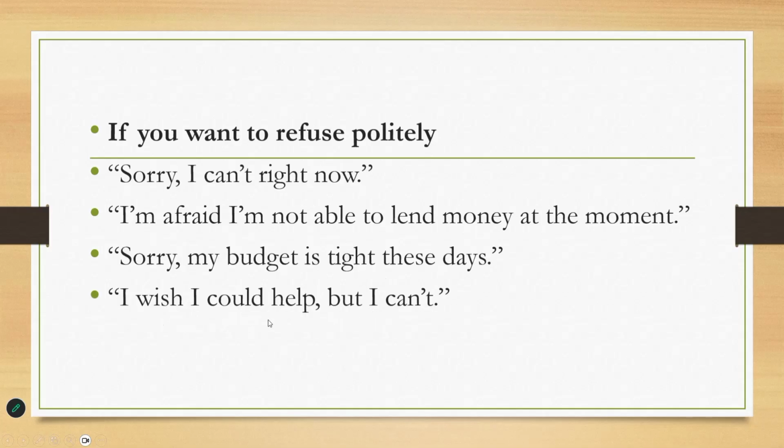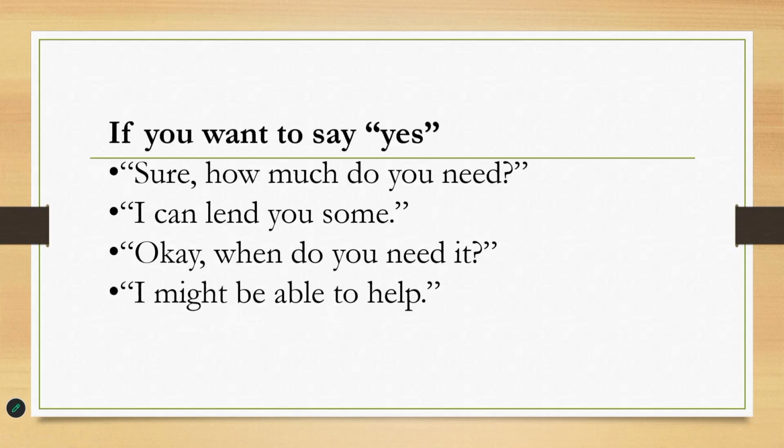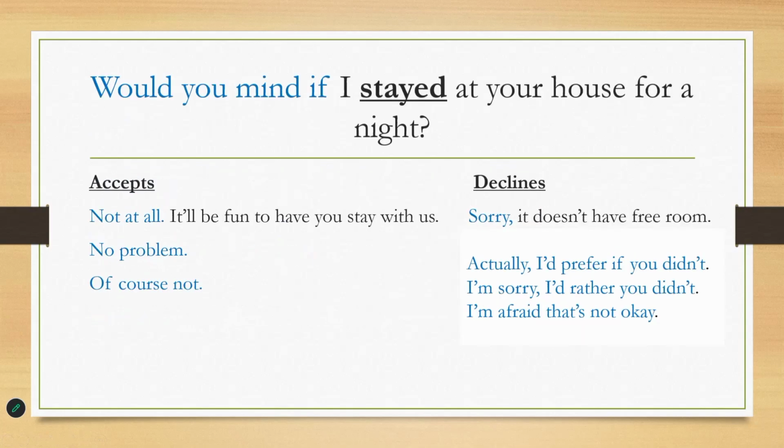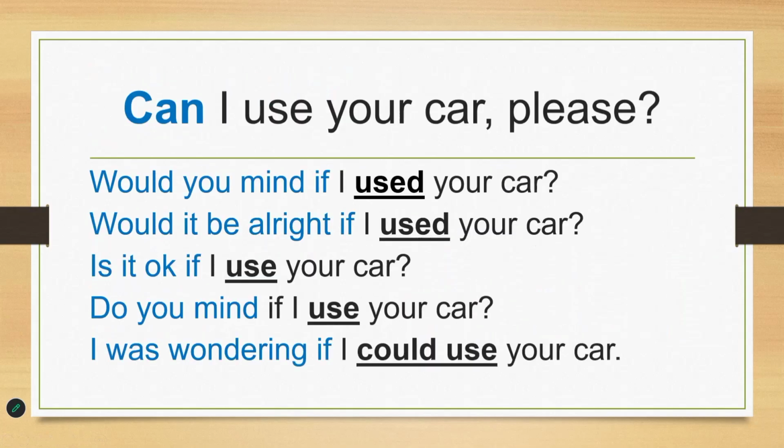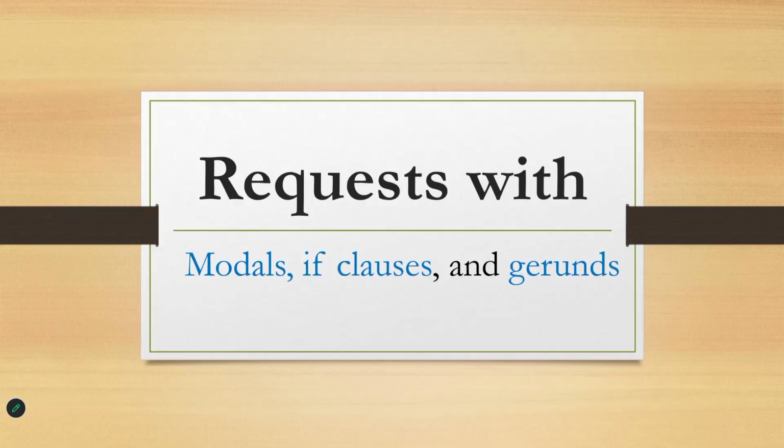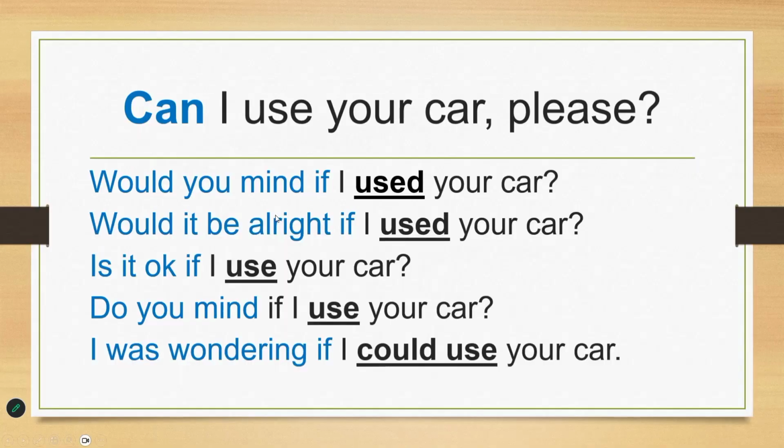All right. So after learning this, I hope that you know how to make requests and how to respond in alternative ways. In order to make requests, we can use the modal verb can. If clauses like this one: would you mind if?